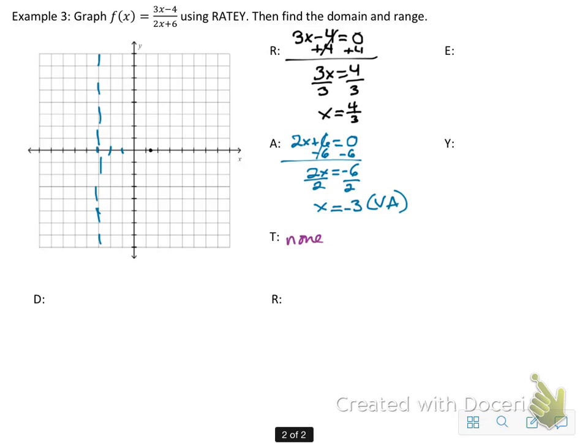E is about your exponents again. We have 3x minus 4 over 2x plus 6. On top there's a secret 1. On bottom there's a secret 1. So is it bigger up here, down here, or is it the same? This is same degree, divide coefficients. This time we have different numbers though.